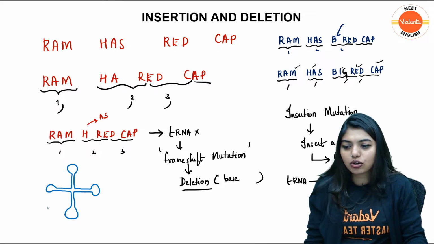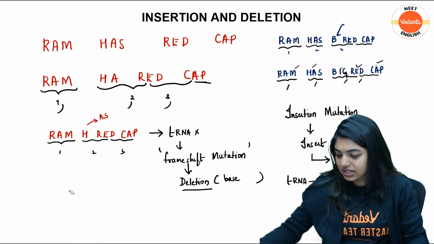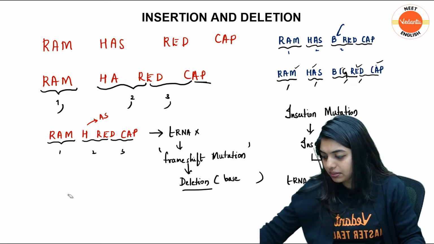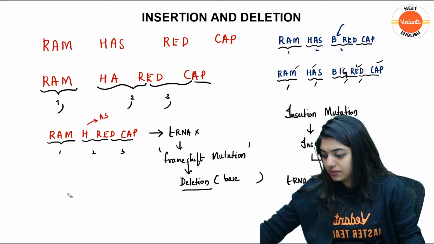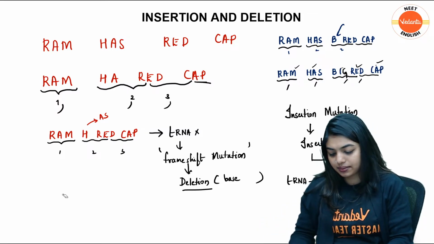It won't look like a cross, it will look more to one side, with one hand bigger. Is this diagram visible to all of you?